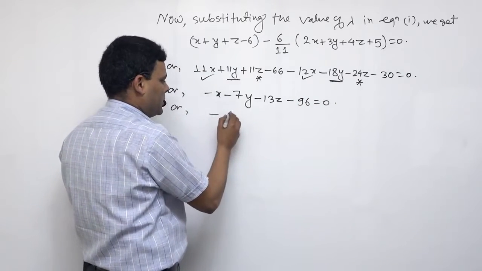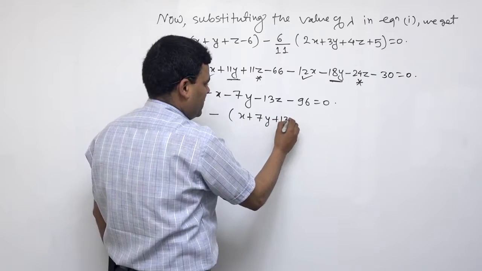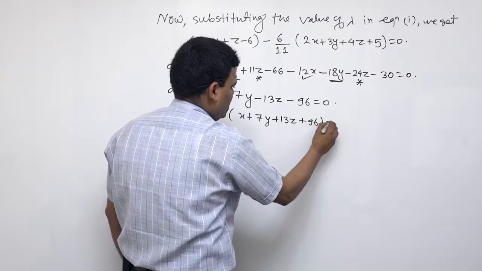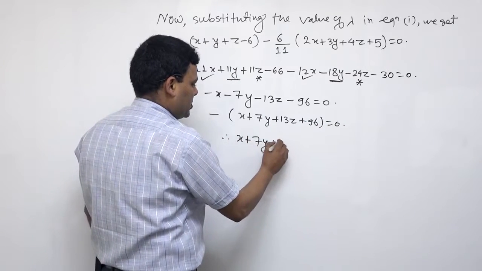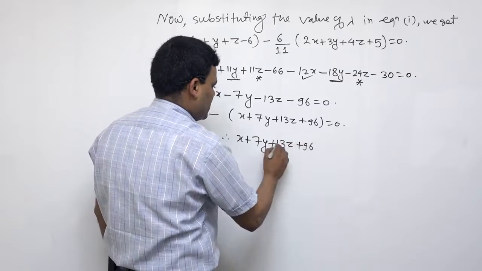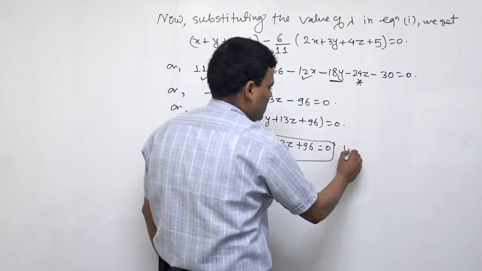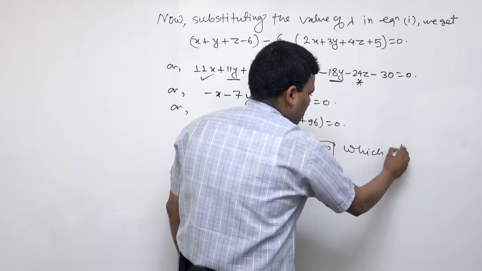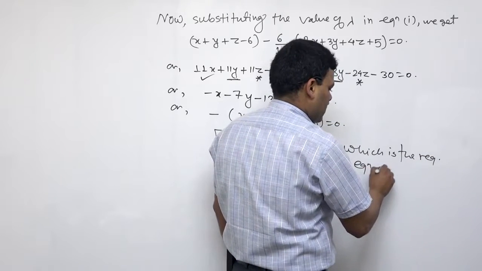Taking minus common, x plus 7y plus 13z plus 96 equals to 0. Therefore, x plus 7y plus 13z plus 96 equals to 0, which is the required equation of the plane.